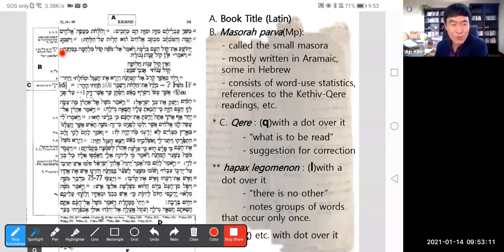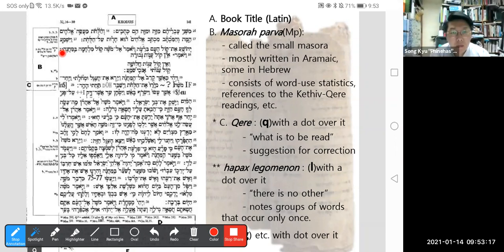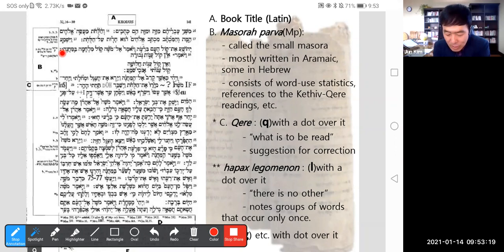Okay, I can hear you, right? Don't worry. Masora Parva, so called the small Masora. You know that the Masora comes from the word Masoretic. So it has something to do with the Masoretic scholars, and it is mostly written in Aramaic and some in Hebrew.